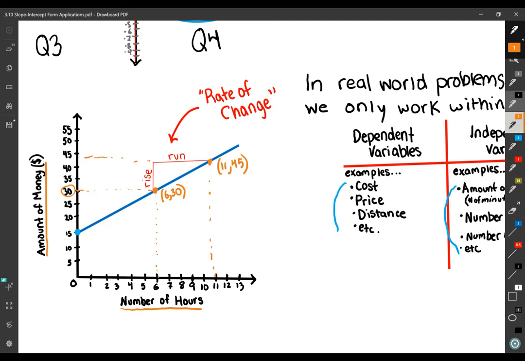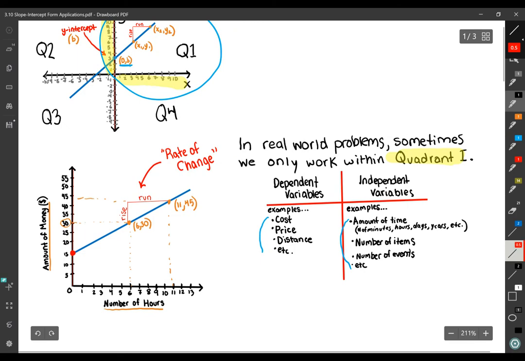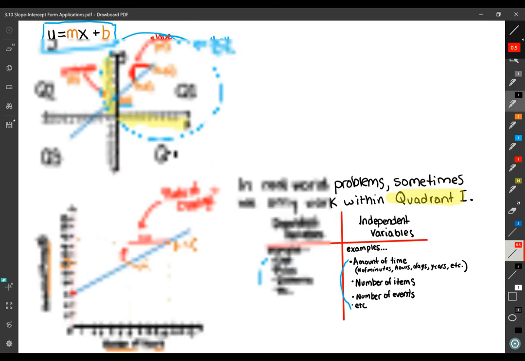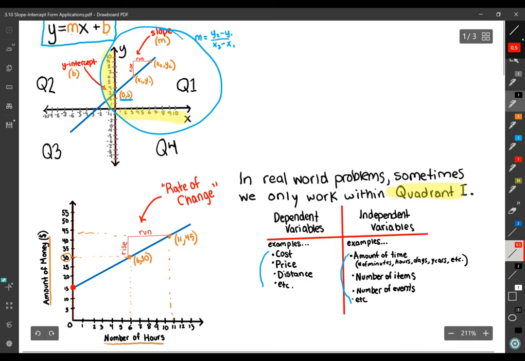I also want to talk about what our y-intercept means in this case. Remember, our y-intercept is where we cross our vertical axis. In real life problems, we turn the word slope into rate of change.